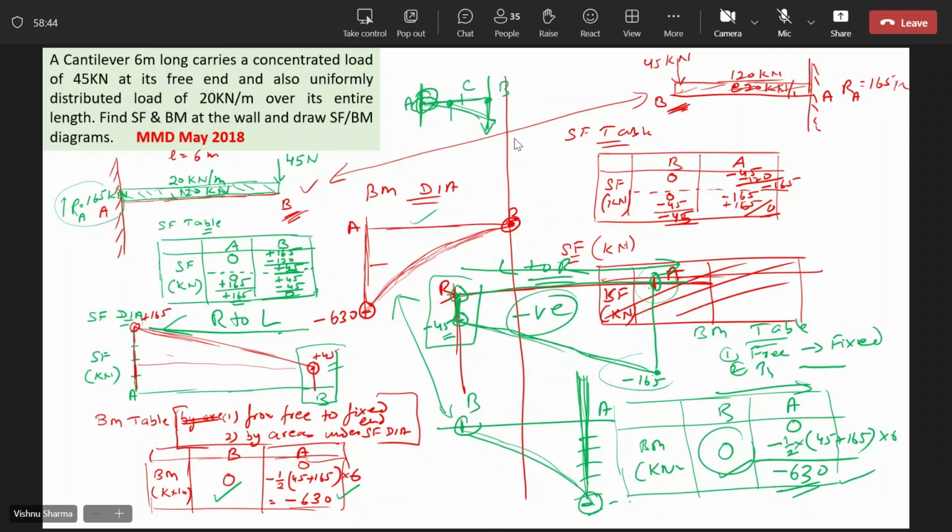But now the present day trend is that they don't stop at this type of simple cantilever. Now I'll take you through some different types of questions which have come in the MMD, where the word cantilever is not used. But if you look at the question, it will translate into a cantilever. And it is very important for you to identify such cases.